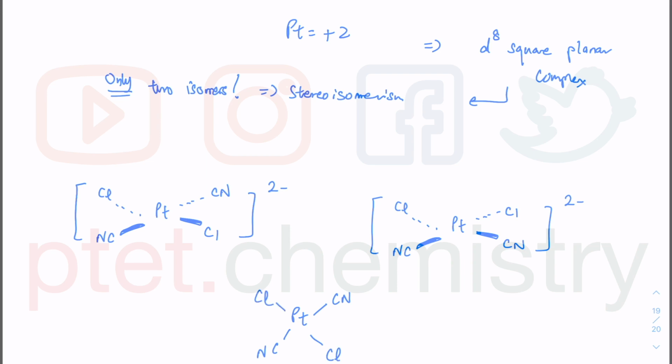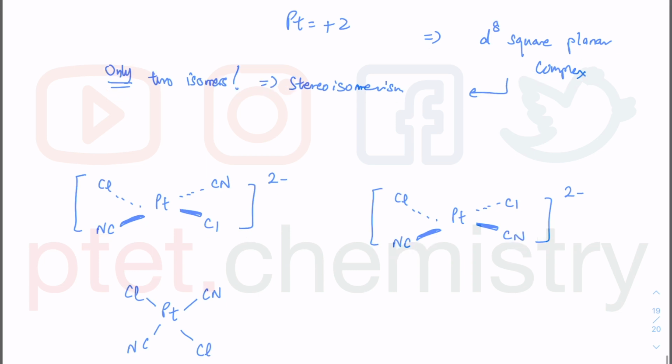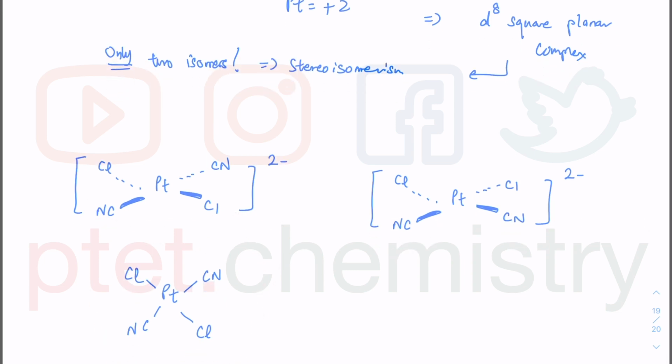It's just that this one is showing it flat in the surface of the paper or the screen itself. This is flat, but I'm just tilting it 90 degrees so that these 2 are pointing out and these 2 are pointing away from you. But it's totally flat. It's actually 90 degrees, 90 degrees, 90 degrees, and 90 degrees. That's the idea of a square planar complex. All right. So even if you draw these and drawn similarly like that for the other one, you will have gotten the mark as well.